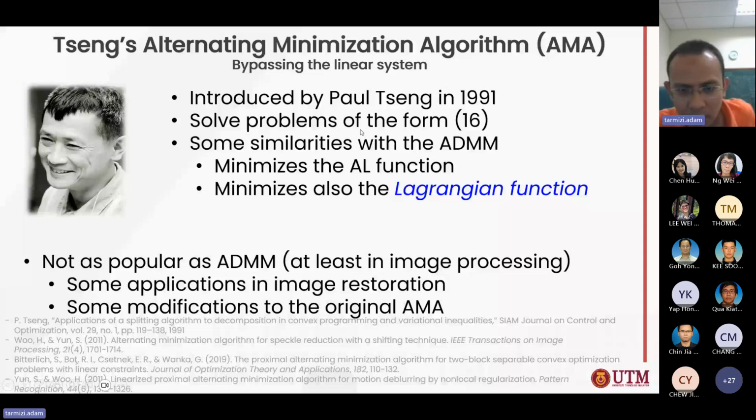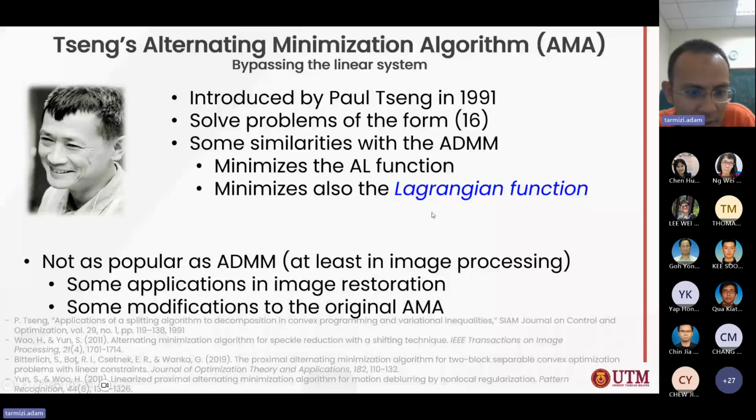Okay, so why do I want to overview this algorithm? Because it's quite similar to the ADMM. It minimizes the augmented Lagrangian function like the ADMM. However, in one step of the algorithm, it will minimize the Lagrangian function instead.